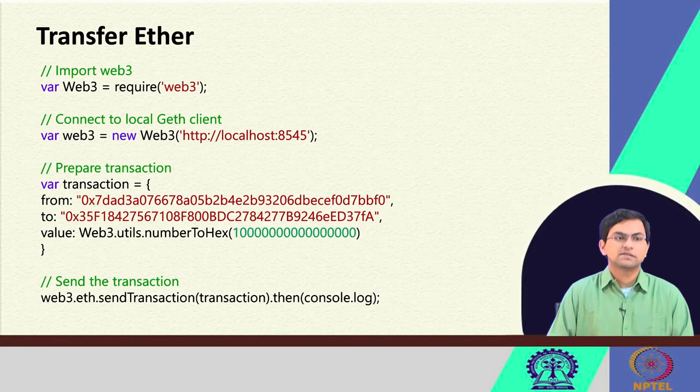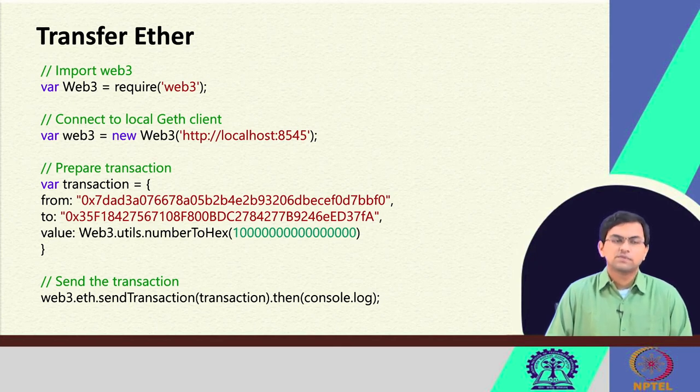To prepare a transaction, we will be defining a variable called transaction, which will be an object, and this variable will have these particular members. We have a from, to and value, just like the JSON payload parameters that we were using to execute the transaction using the post request.